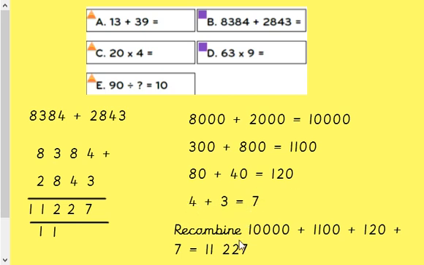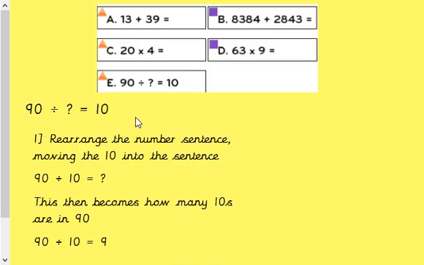If we recombine those numbers, then it would be 10,000 plus 1,100 plus 120 plus 7, and that would give us 11,227.